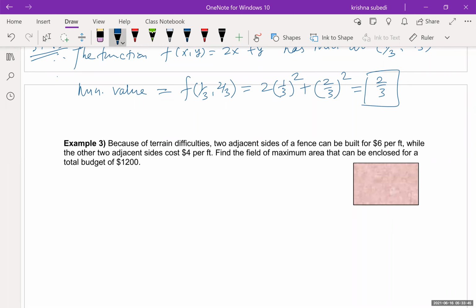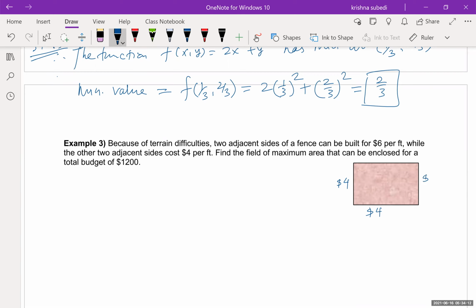All right, example 3. Because of terrain difficulties, 2 adjacent sides of a fence can be built for $6 per foot, while the other 2 adjacent sides cost $4 per foot. Adjacent side means suppose this costs $4, then this also costs $4.